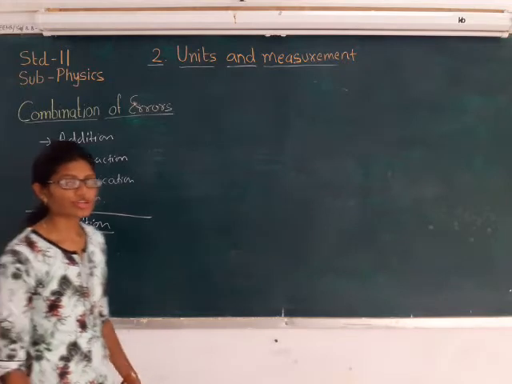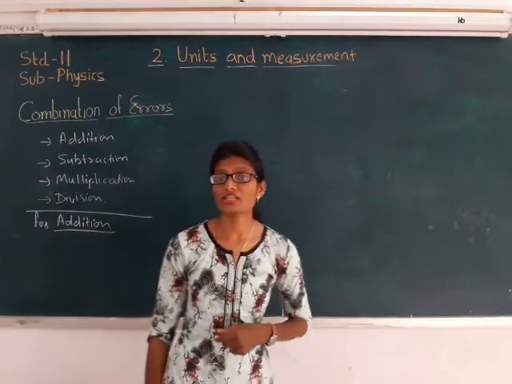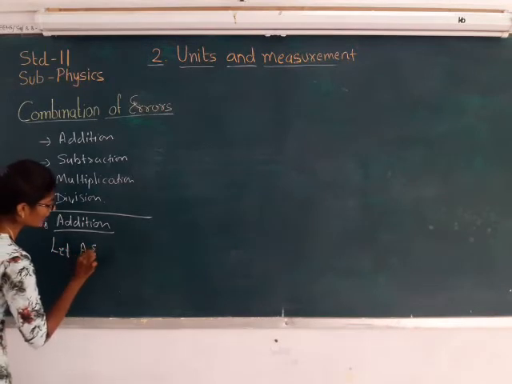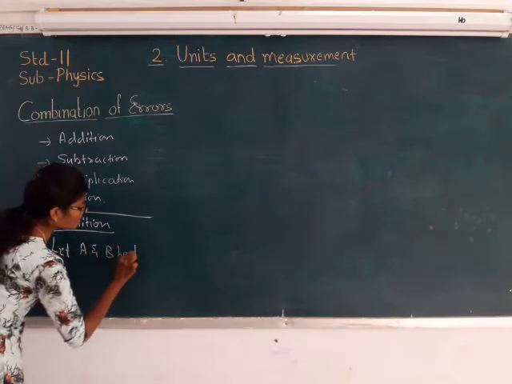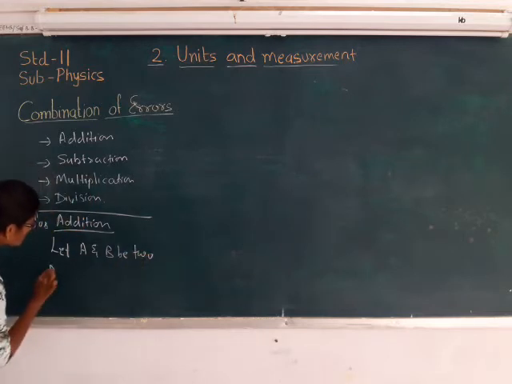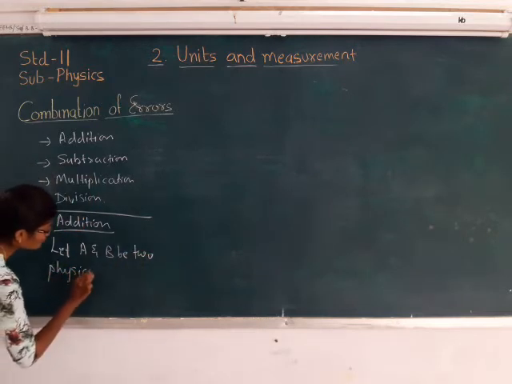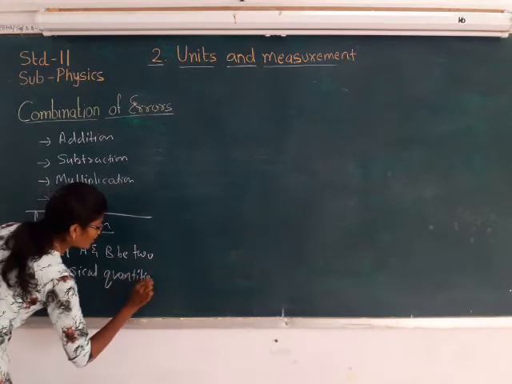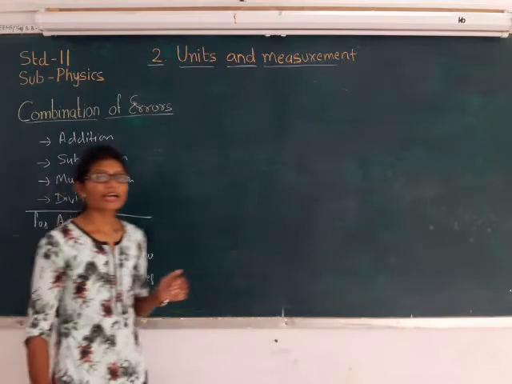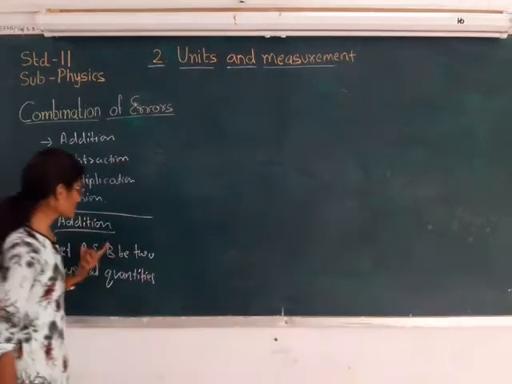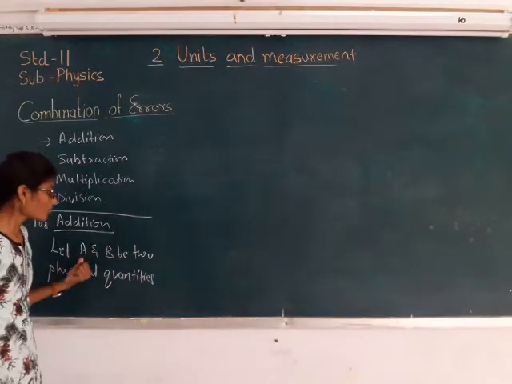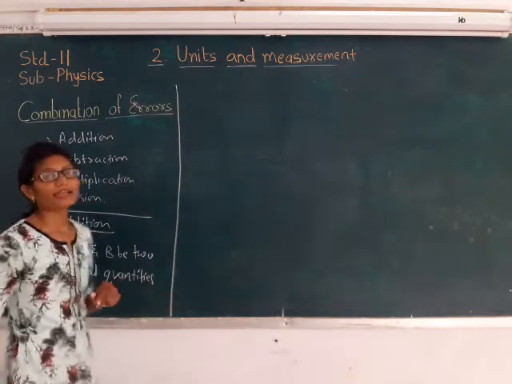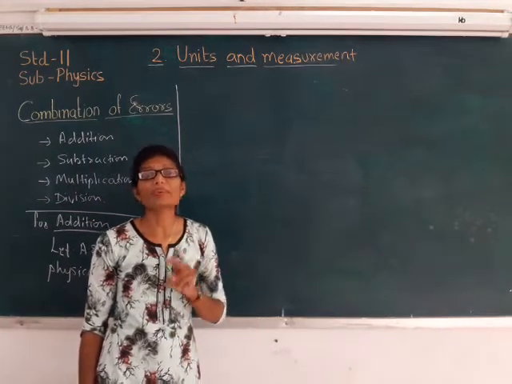Now see, first of all let us see, we are having two physical quantities. Let A and B be two physical quantities. And here I have to combine the errors, but in the form of addition, because I am having two physical quantities, A and B, and these physical quantities are to be added.